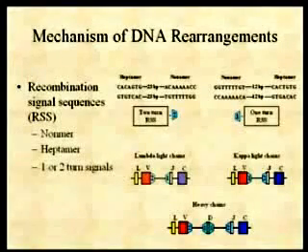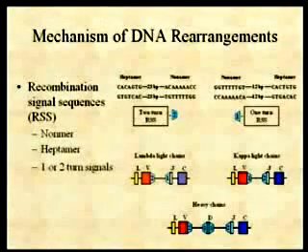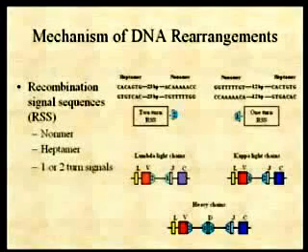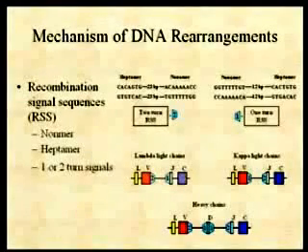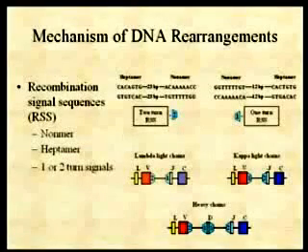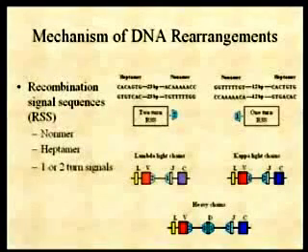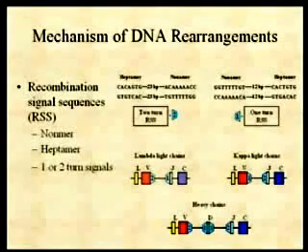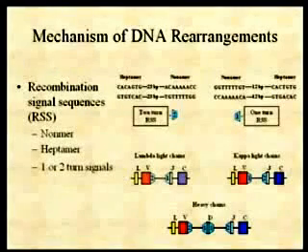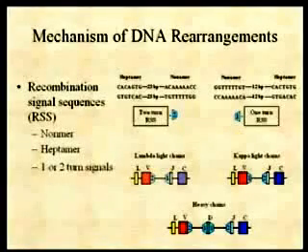When you analyze them, what you see is that after the V gene, you have a two-turn signal, and right before the J gene, you have a one-turn signal. That ensures that there's always going to be a V brought next to a J. You could never bring V next to C because there's no recombination signal right in front of the C gene, okay? So it always ensures a V to J joining, because you have to obey this one-turn, two-turn signal. You have to employ both the one-turn and the two-turn signal in the recombination process.